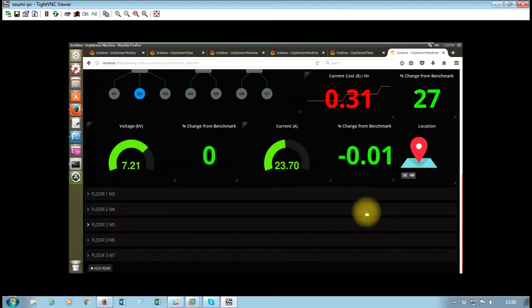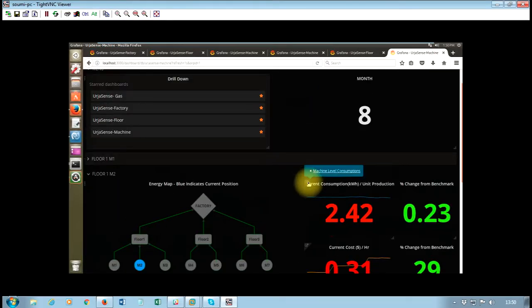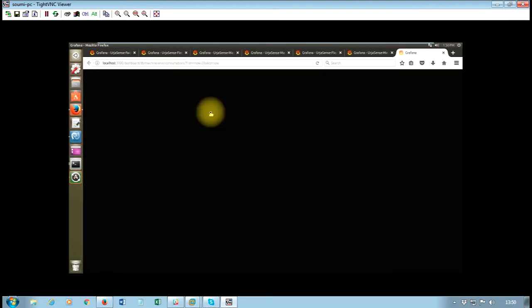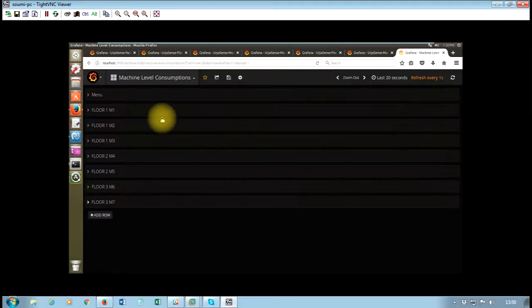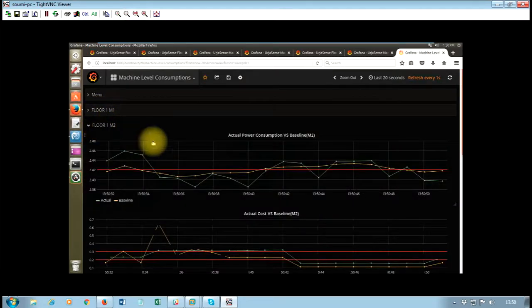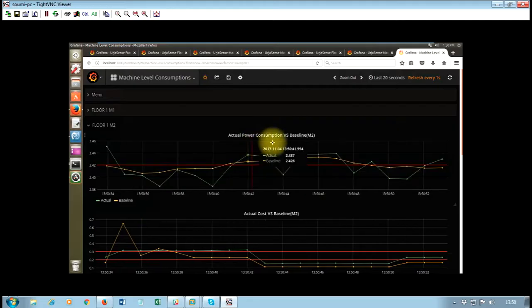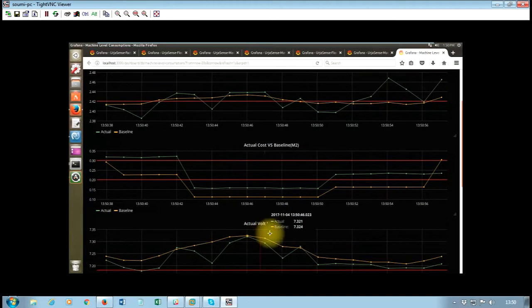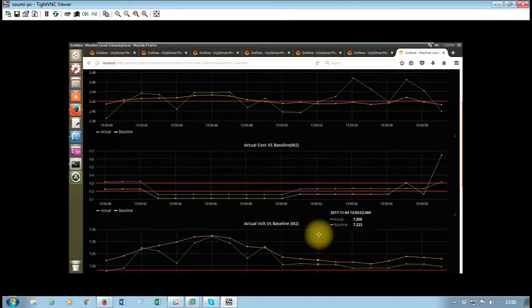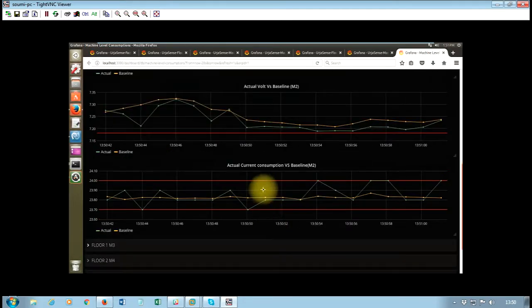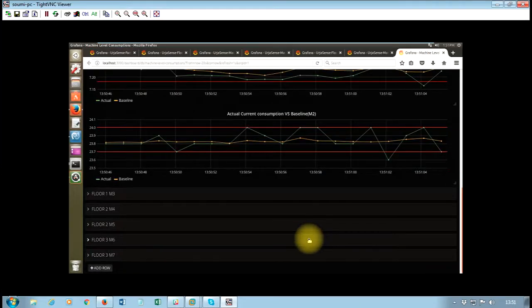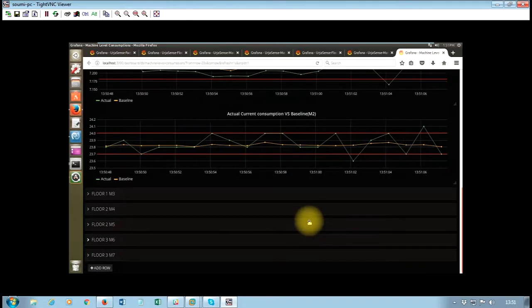Now if we go into details at the machine level, we can see that, say for this machine, floor 1, machine 2, we have the actual power consumption versus baseline, actual cost versus baseline, actual voltage rate versus baseline voltage rate, the current consumption, and the cost.